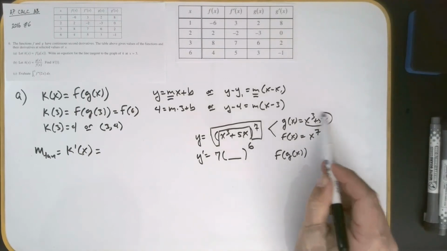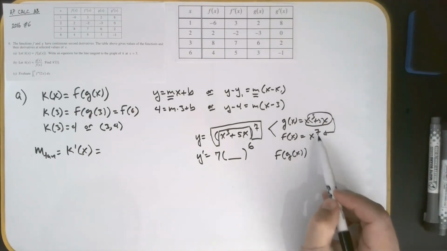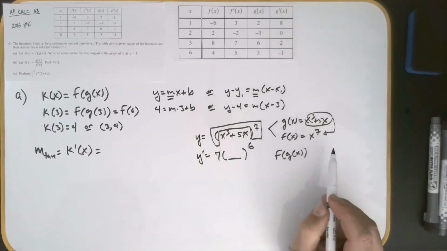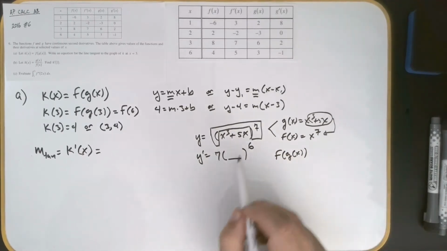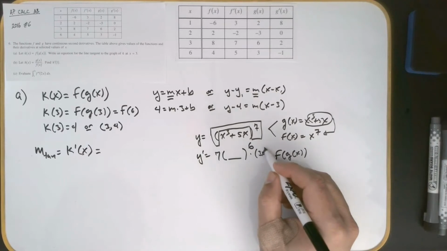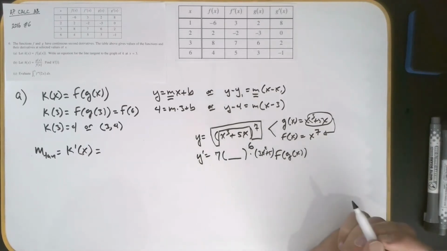And this function, put into here, would raise that function to the 7th power. So that's another way of expressing it. But when we go to take the derivative over here, we take the exterior, 7 times the quantity to the 6th, times the derivative of the inside, which would be 3x squared plus 5.